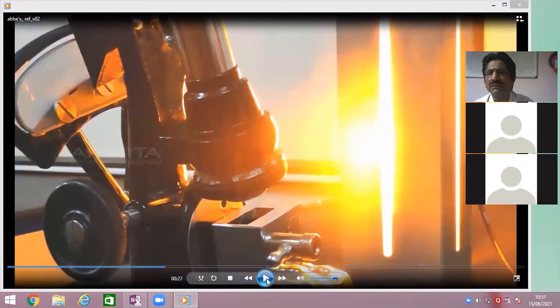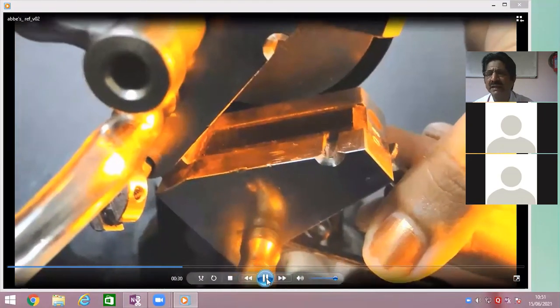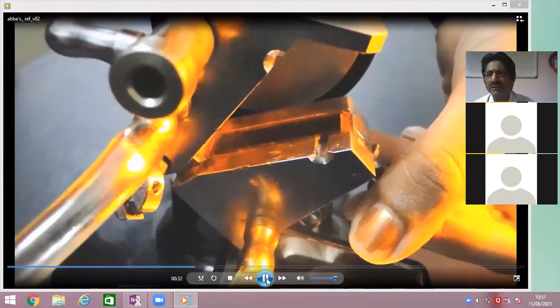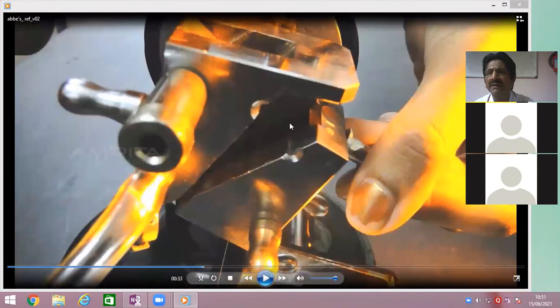This is the refractometer, and the source of light is coming here. First we add a liquid sample in this prism, and then we close the prism. As you close the prism, the liquid forms a very thin layer.